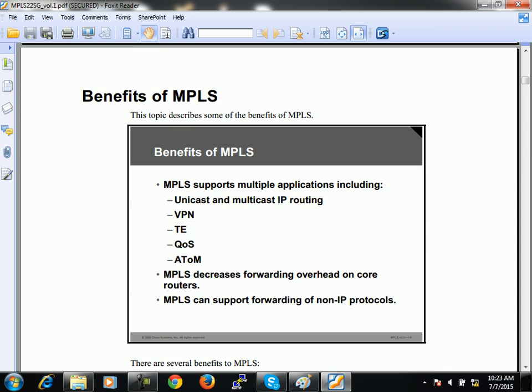Benefits of MPLS: you can perform unicast routing. It can also support multicast IP routing. You can configure VPN, virtual private networks, TE, traffic engineering, quality of service, and any transport over MPLS, AToM, which means layer 2 VPN. These are the advantages of MPLS.